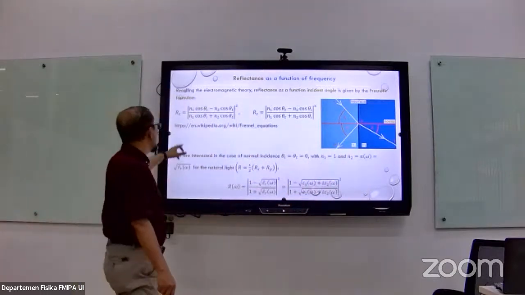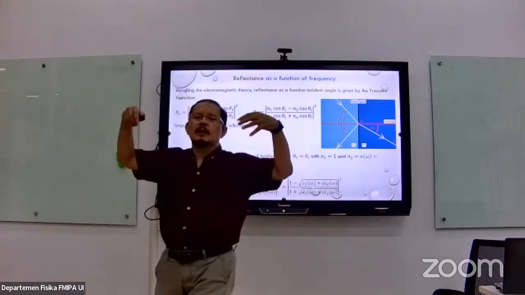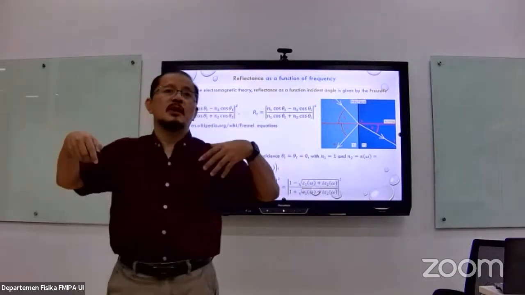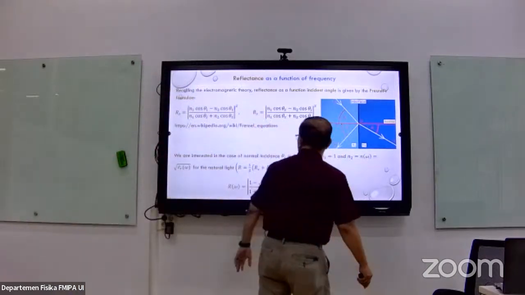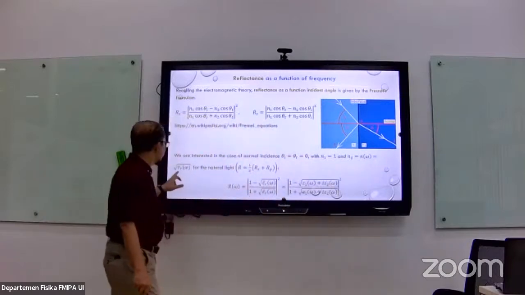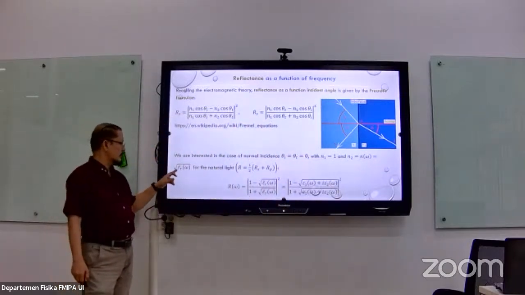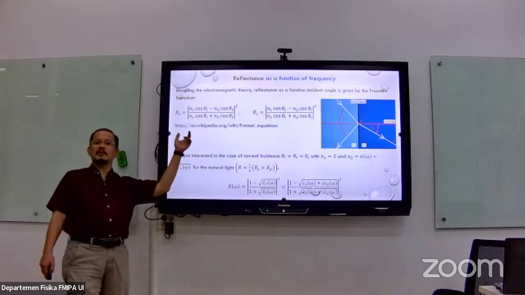So N1 is 1, and N2 is the material we want to explore. So we call it n of omega, and the n of omega is square root of epsilon r, complex number. This is what we learned in the previous pages.